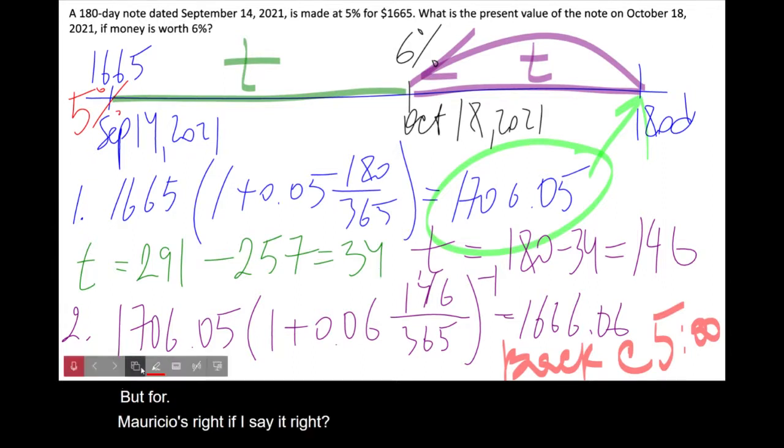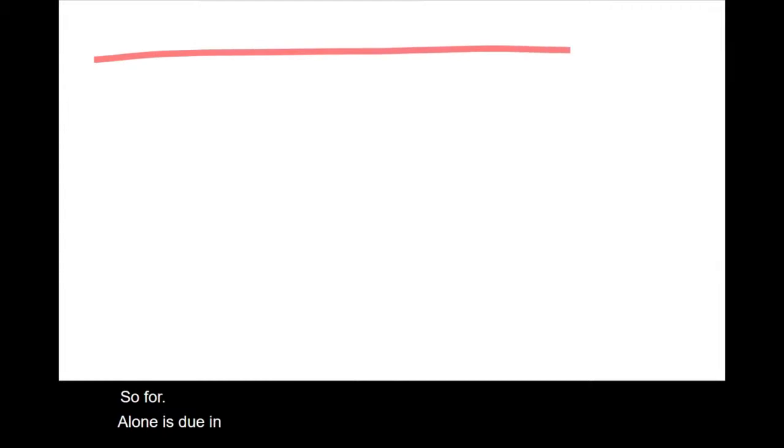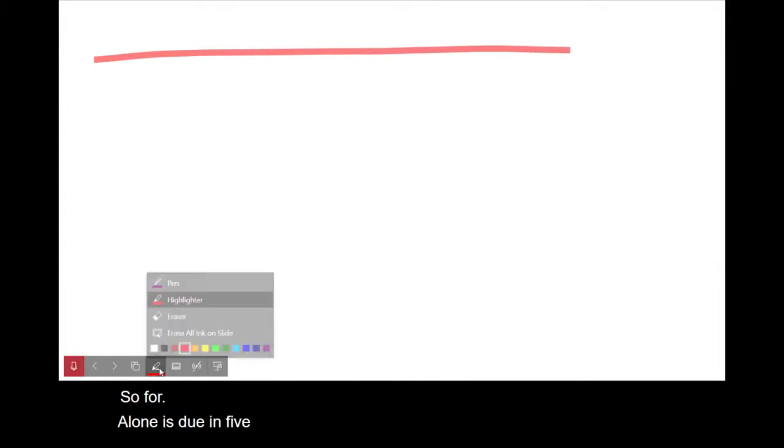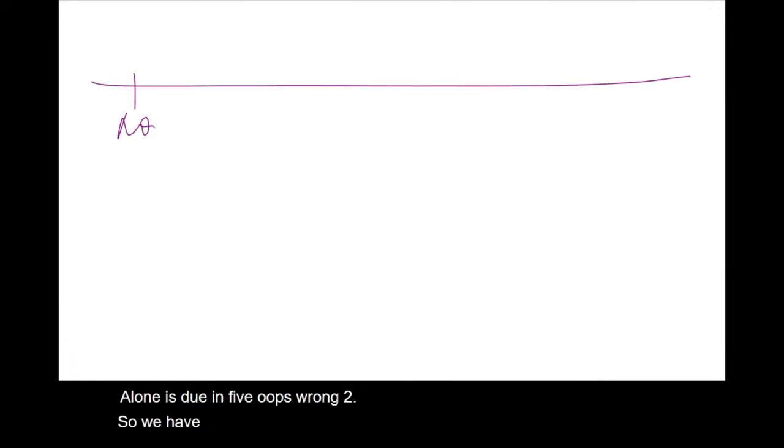let me show you. Let me pick up page. Let's say this one. So for a loan is due in 5. Oops, wrong 2. So we have now, we have 5 years.